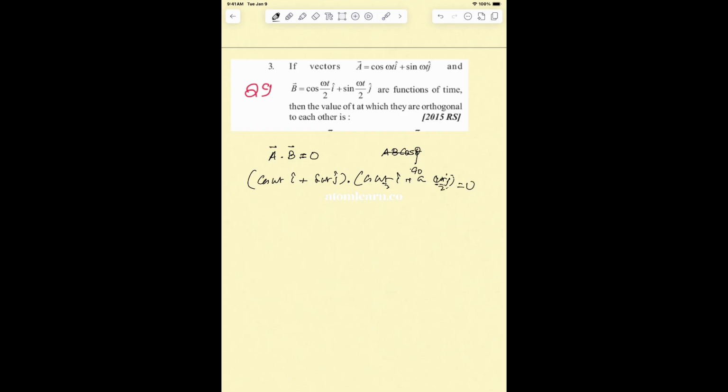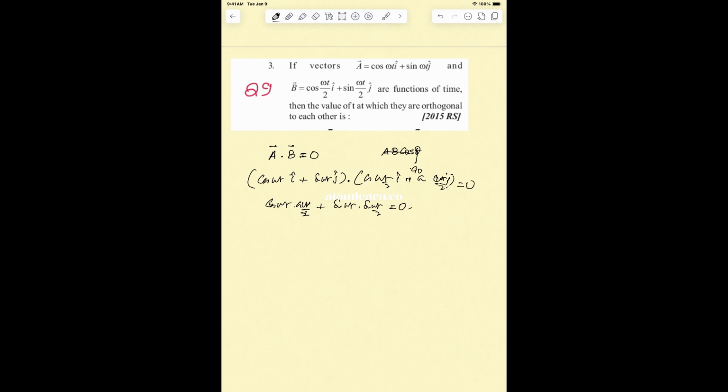Collect the i cap terms: cos omega t into cos omega t by 2. The i cap dot j cap is going to vanish, so don't worry. Now collect the j cap dot j cap: similarly sin omega t into sin omega t by 2. Now this should be equal to 0.